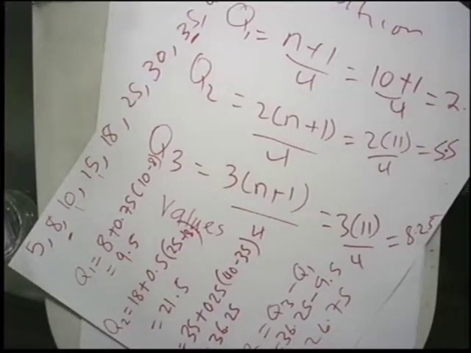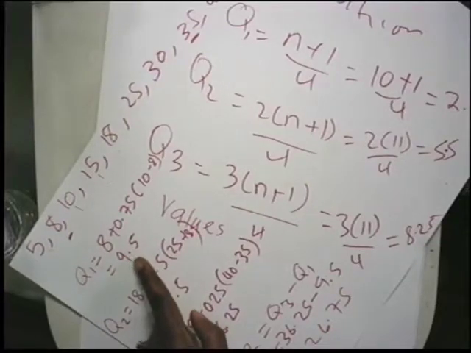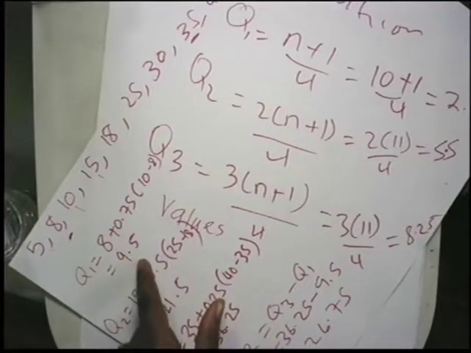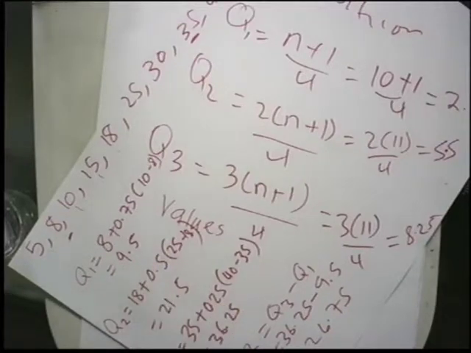Then for the first one you are going to say 25% of the students got less than 9.5 in the exam. And then 50% of them got less than 21.5. And then 75% of the students got less than 36.25 in that exam or test.